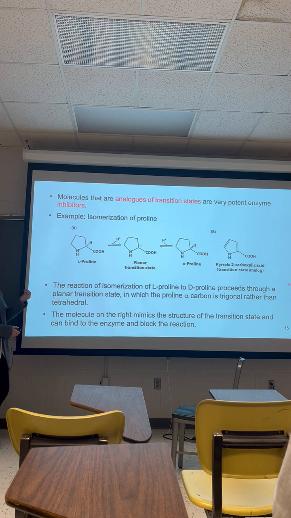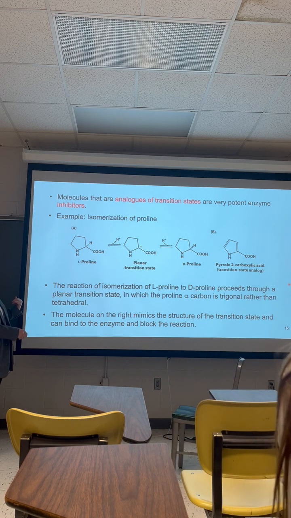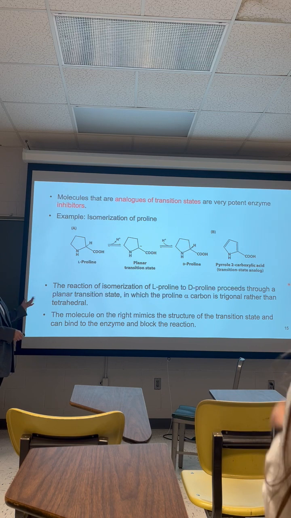Transition states are very rare and very unstable molecules, so it is not typically possible to isolate a transition state. But you could use molecules that are analogs, that resemble transition states, and they are good inhibitors. Okay, so the molecule on the right mimics the structure of the transition state, so it is a good inhibitor.